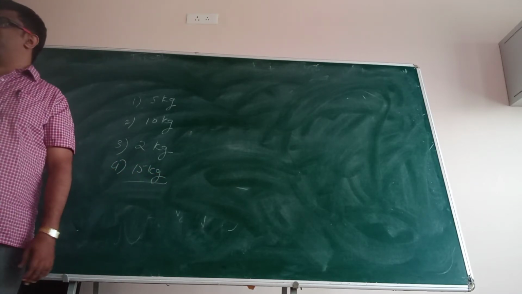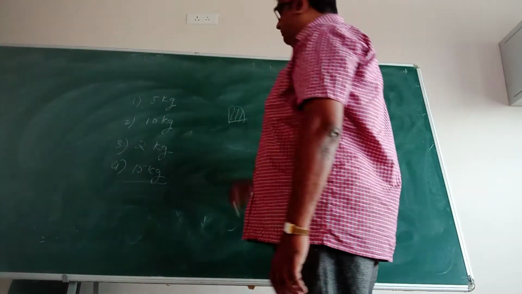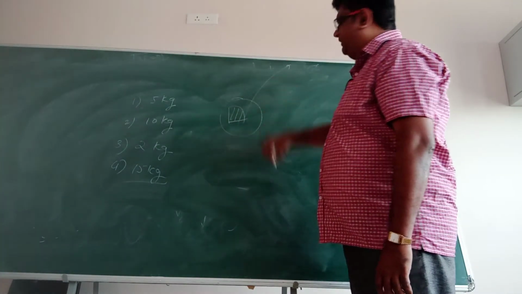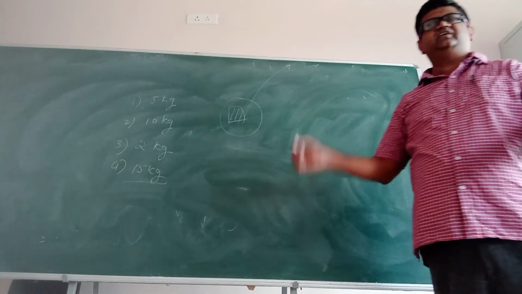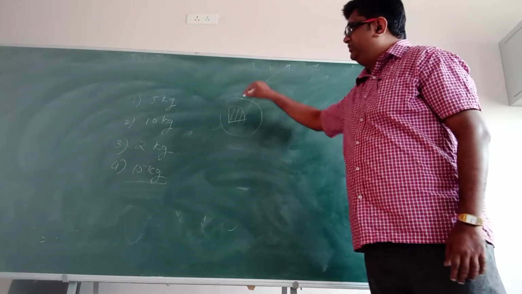What is he saying? A body of mass 5 kilograms. This is in the earth right now. It is taken into space. That means it has escaped the earth's gravitational field.